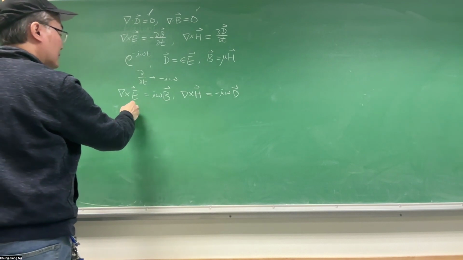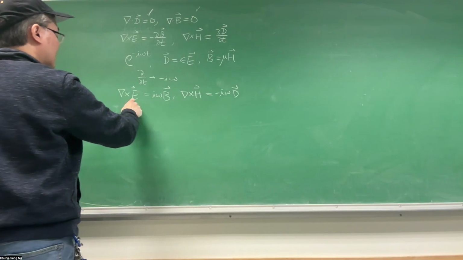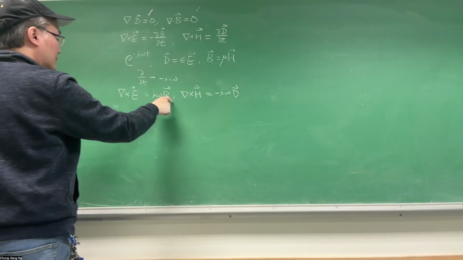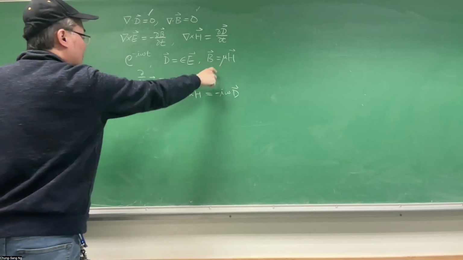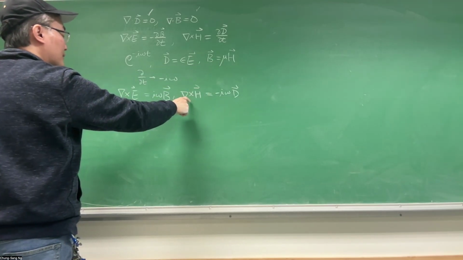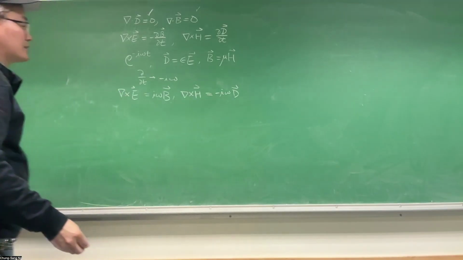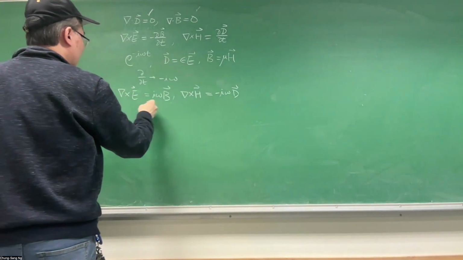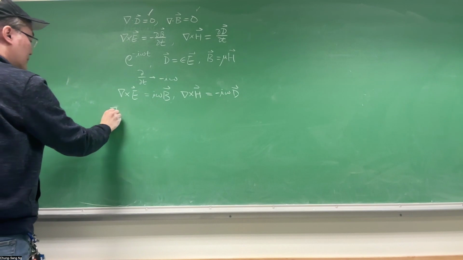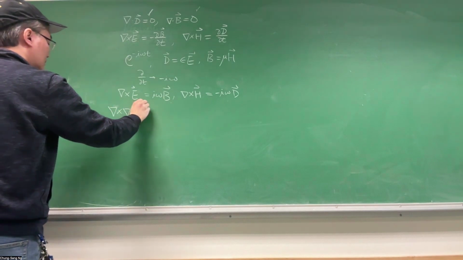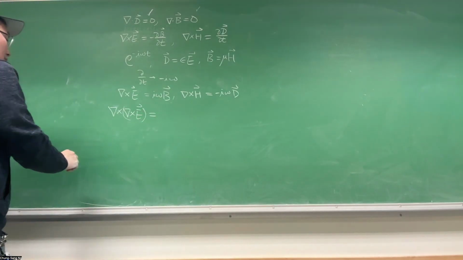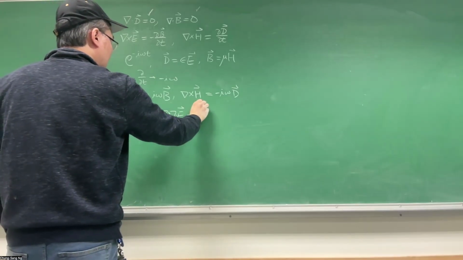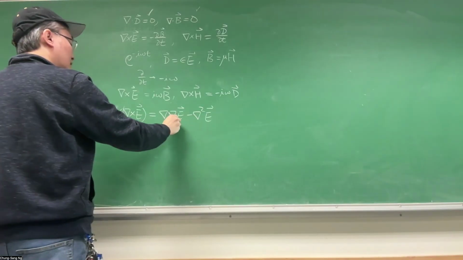Now to derive the Helmholtz equation, because of this symmetry, it is quite obvious, you can just take another curl. Then the right-hand side is curl B, which is mu times curl H. So curl H is given by that. So that will allow you to write a single equation that relates E and D. So let's write curl of curl E. And you can use this identity, curl curl E is gradient of divergence of E minus Laplacian E. That's just a vector identity.